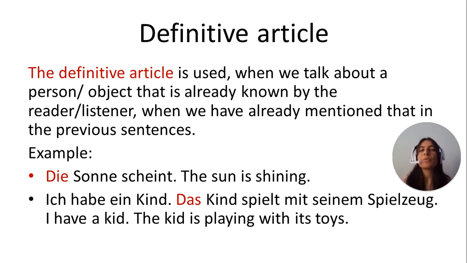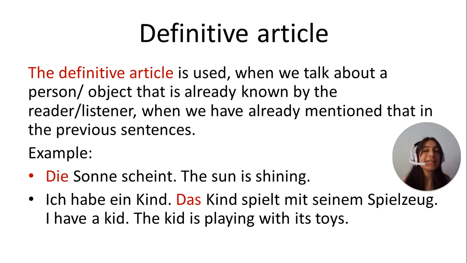Or for example, something that is commonly used and everybody knows that it's only one that exists on the planet Earth. For example, die Sonne. Die Sonne scheint. The sun is shining. It's only one sun, so we say die Sonne.